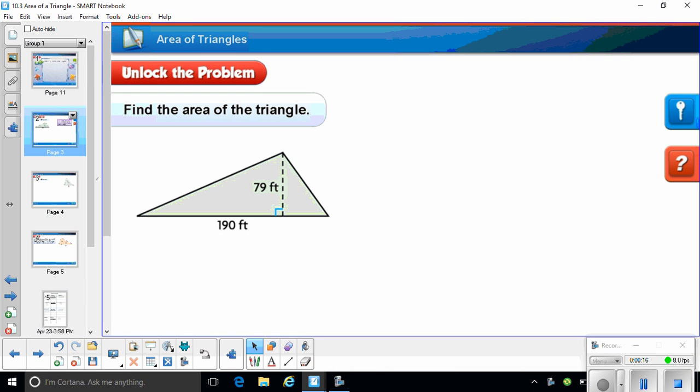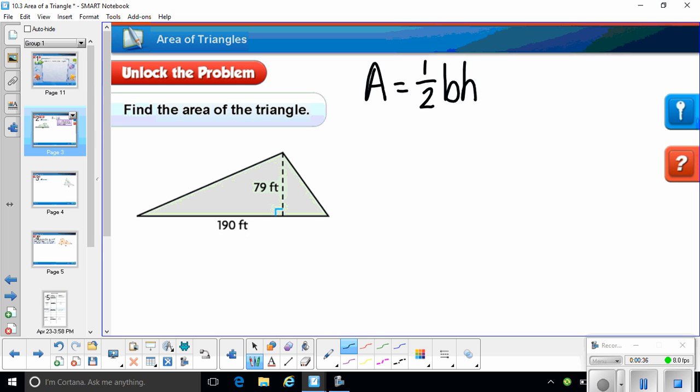In this particular problem, a triangle has been drawn, and they have labeled the height at 79 feet and the base at 190 feet. In order to find the area of a triangle, I need to know the following formula. Area equals 1/2 times base times height.